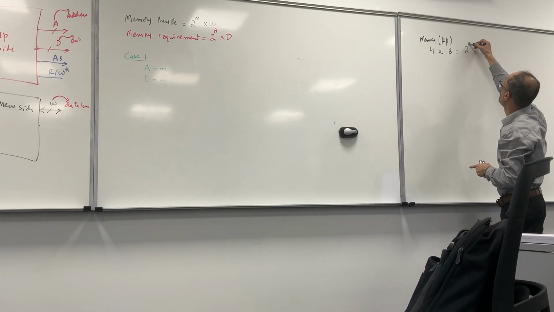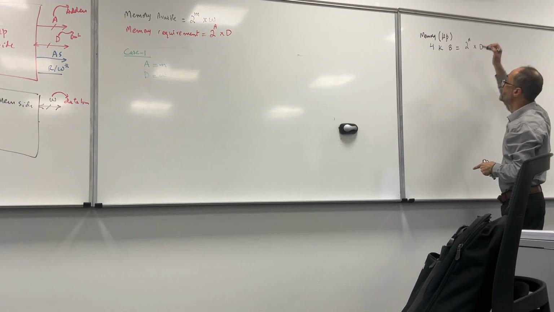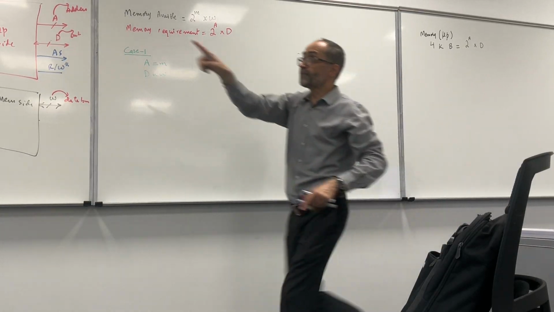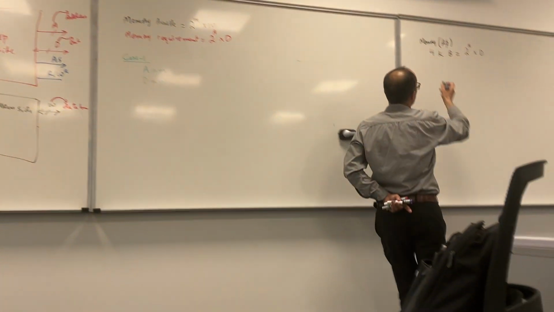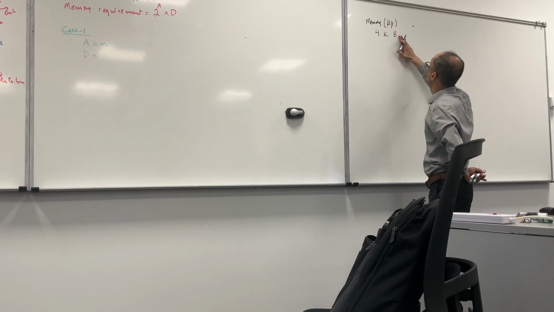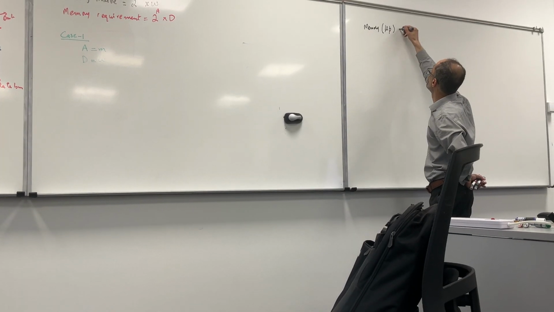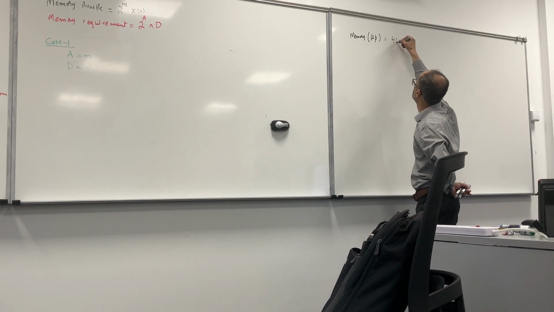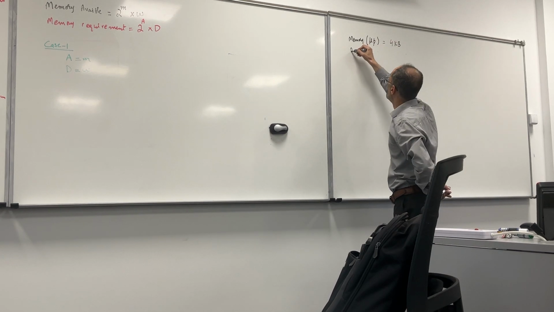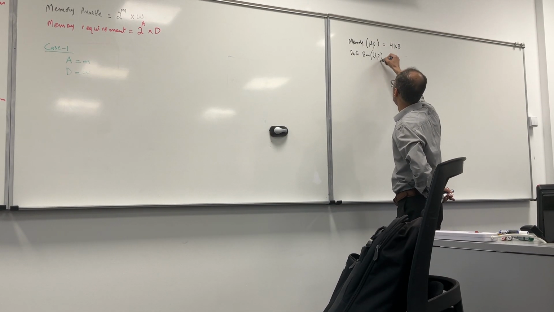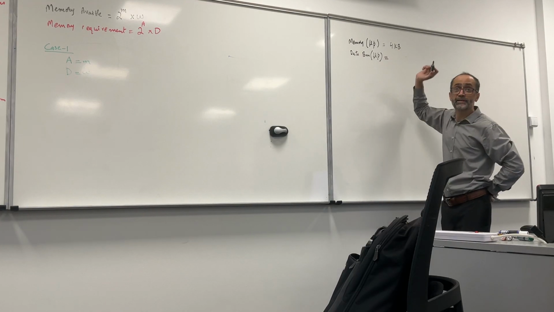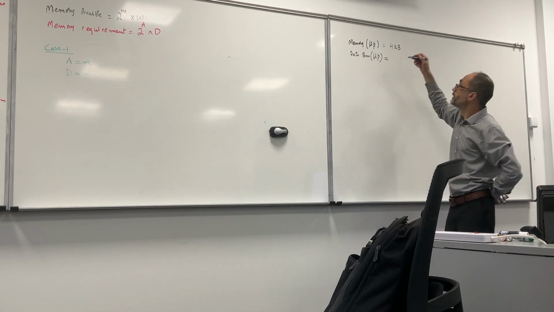So the memory on the microprocessor side is 4 kilobyte, which is given, and it will be equal to 2^A cross D. And the width of the data bus on the microprocessor side is 8 bits.